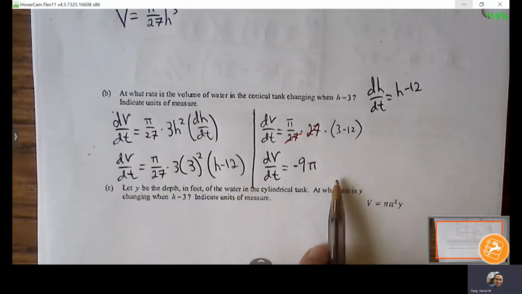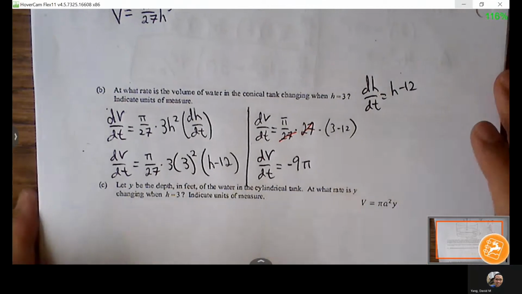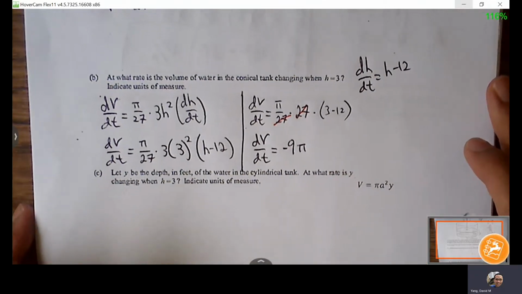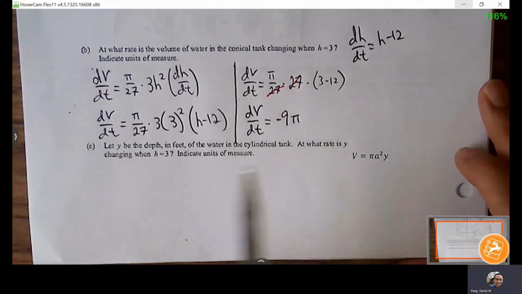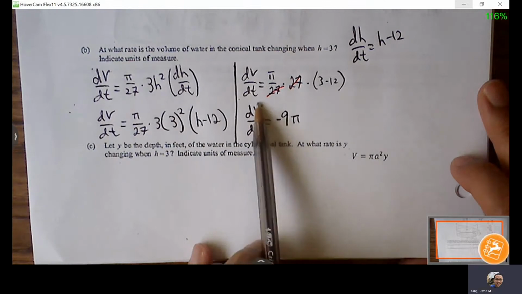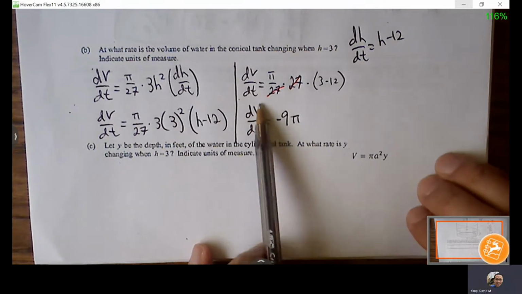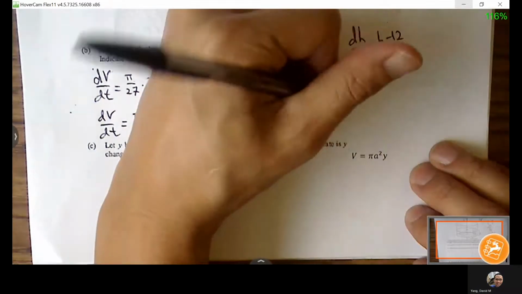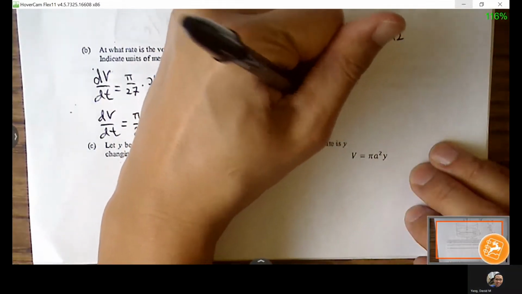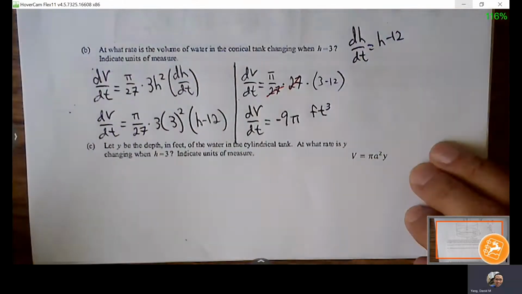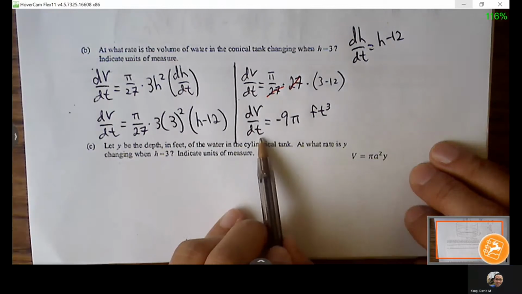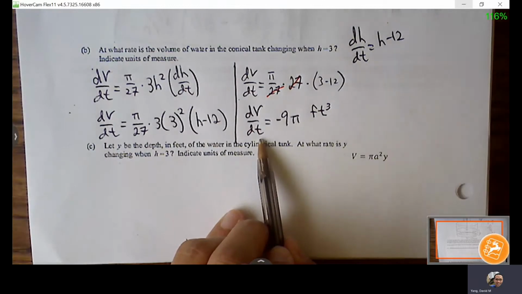Okay, what's our unit of measure here? Talking about volume here, right? Cubic feet. What's our time component? Per minute.